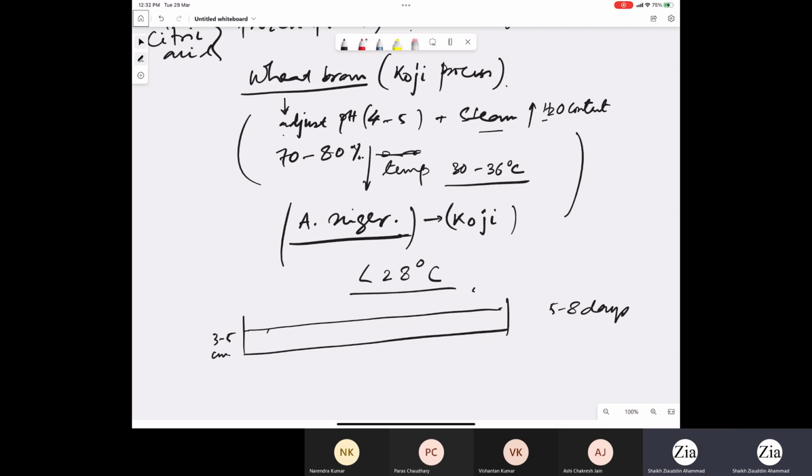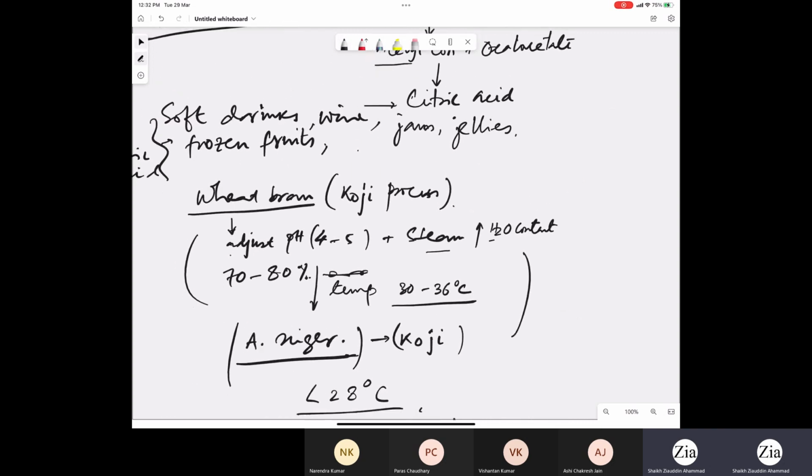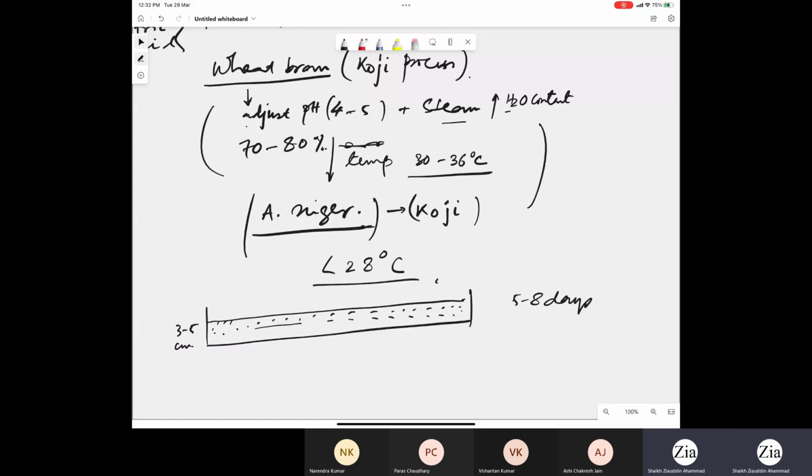So essentially, this solid material will undergo this fermentation process, the reaction we have already mentioned. And after 5 to 8 days, you will just wash the solid with water to recover citric acid.